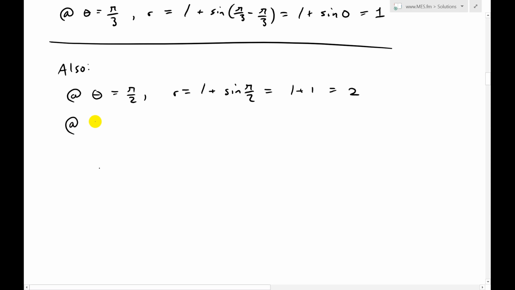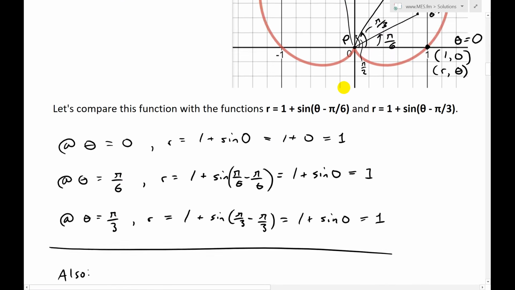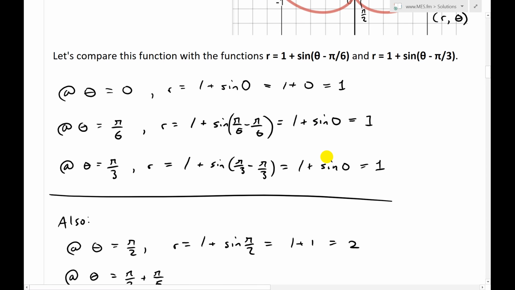And then likewise at the other one, over here, what we're going to do is take this pi over 2, and then we're going to shift this even further. I'm going to shift this about this curve like that. This is going to be pi over 6, and this is for the other one. And I'll show you it's going to be the same thing over there too. So at pi over 2 plus pi over 6, we're adding an extra angle, and I'm going to throw it inside this function.